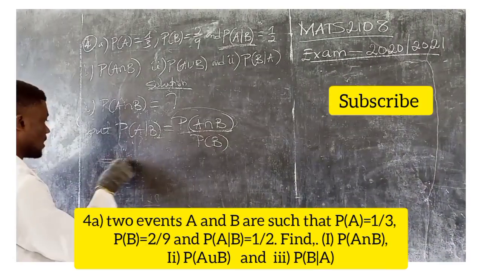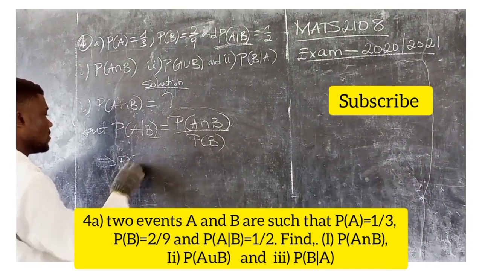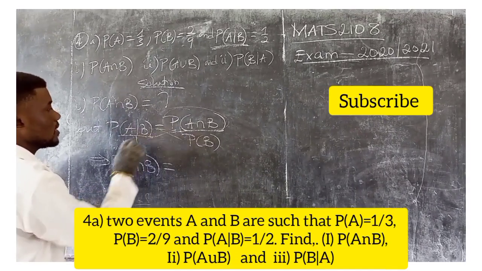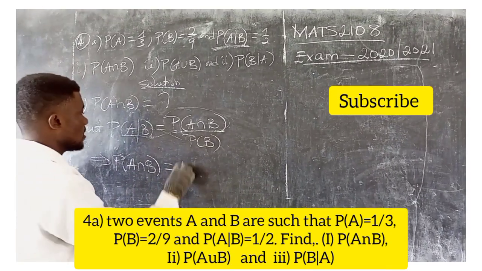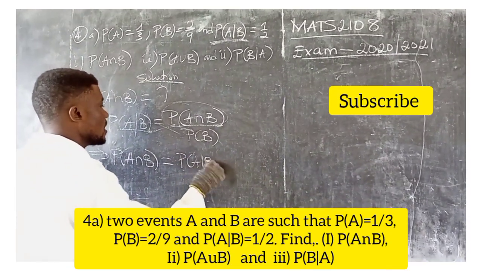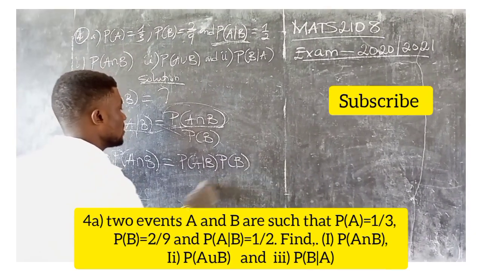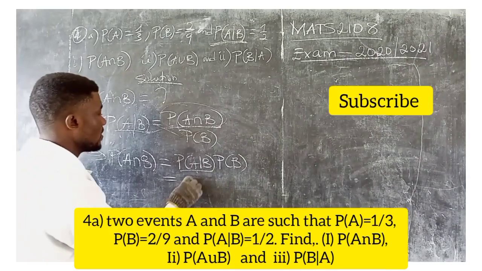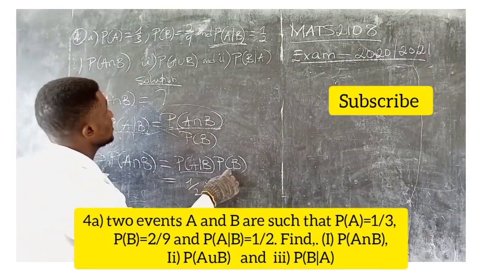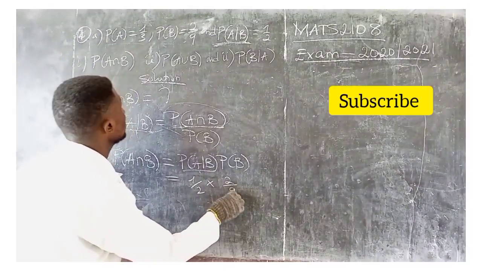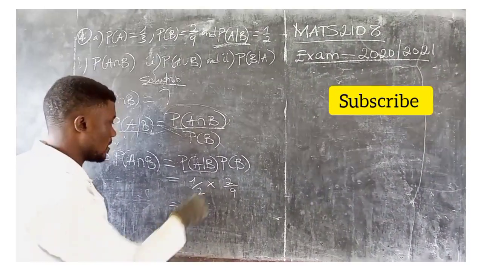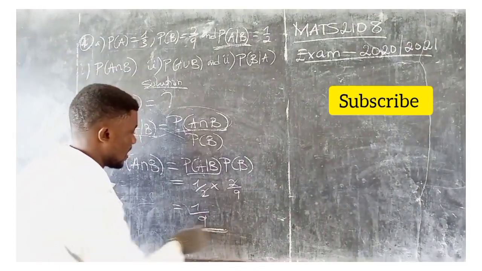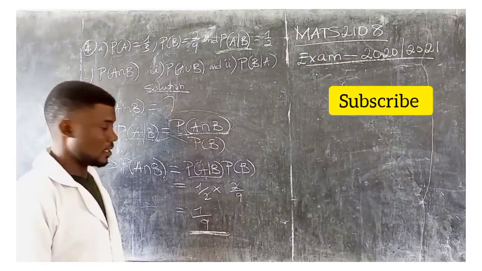The probability of A intersection B is the probability of A given B times the probability of B. This was given as half times 2 on 9. Therefore, simplifying this gives us 1 on 9 as the probability of A intersection B.